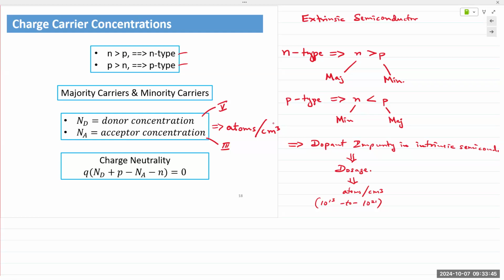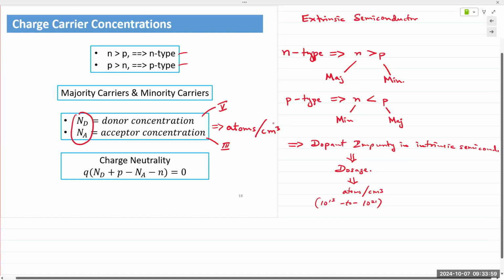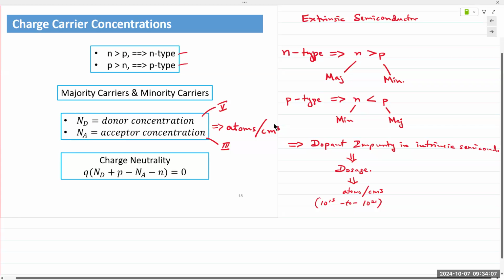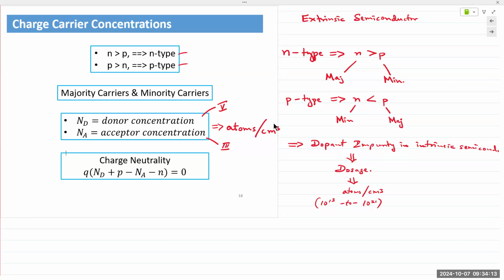Column 3 elements have 3 electrons, so they accept electrons from the silicon atoms, and so they are known as acceptor impurities or acceptor atoms, and they are noted by ND and NA. Okay, all uppercase, ND and NA. Of course, they are also listed as the number of atoms per cubic centimeter.